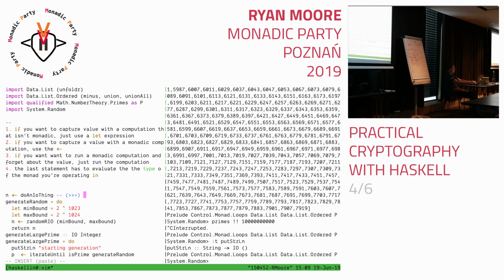And every time you do the IO thing and throw away whatever the result is, that's just syntactic sugar for this operator, which are both defined on every monad that exists.